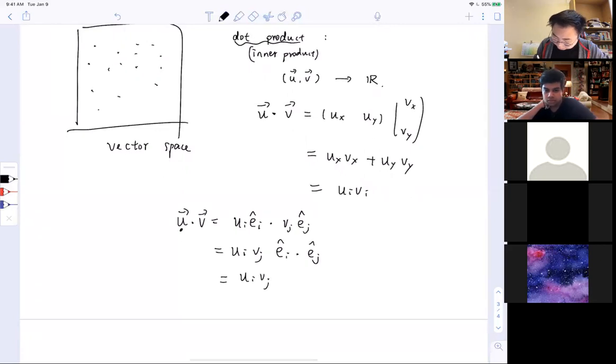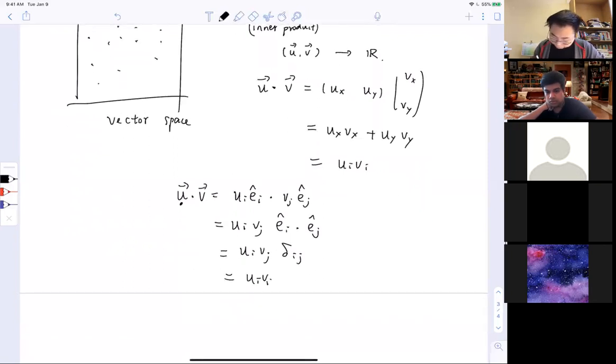Assuming they're orthonormal, it's delta_ij. u_i v_j delta_ij is just u_i v_i. The reason is because this is non-zero only when i and j are equal, meaning that we can just replace this j with i.